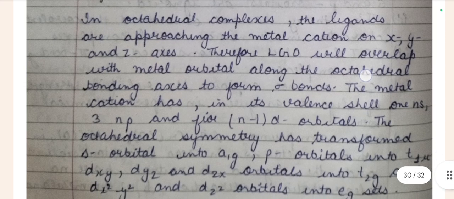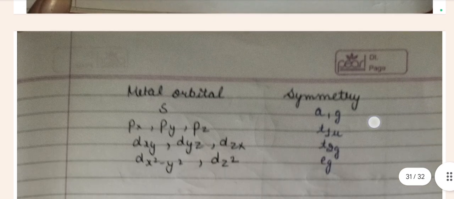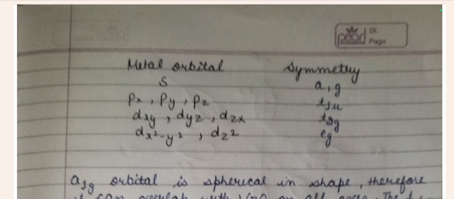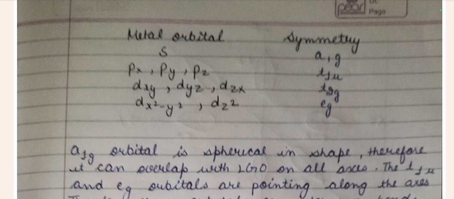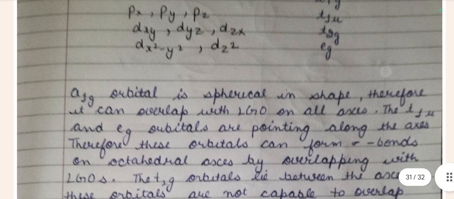The octahedral symmetry transforms the s orbital into a1g, the p orbitals into t1u, and the d orbitals into t2g and eg sets. Metal orbital symmetry: s changes into a1g, px, py and pz change into t1u, dxy, dyz and dzx into t2g, and dx2-y2 and dz2 change into eg.